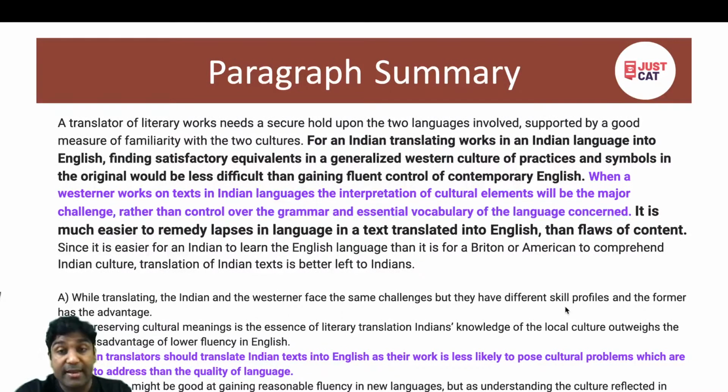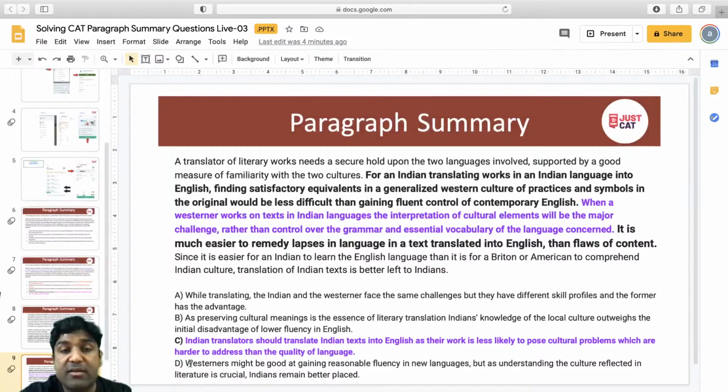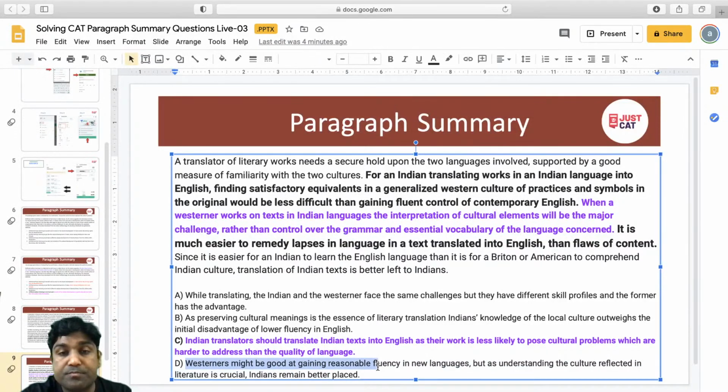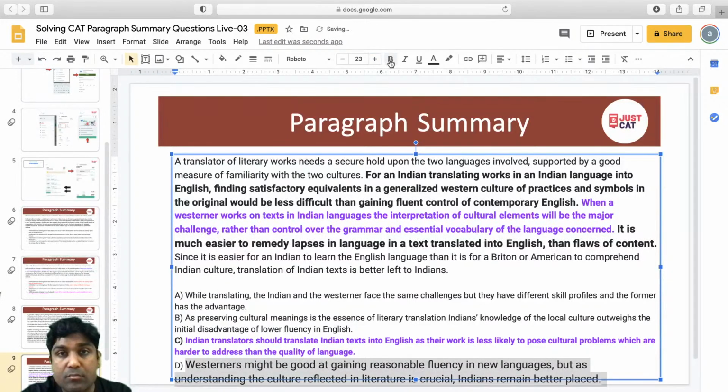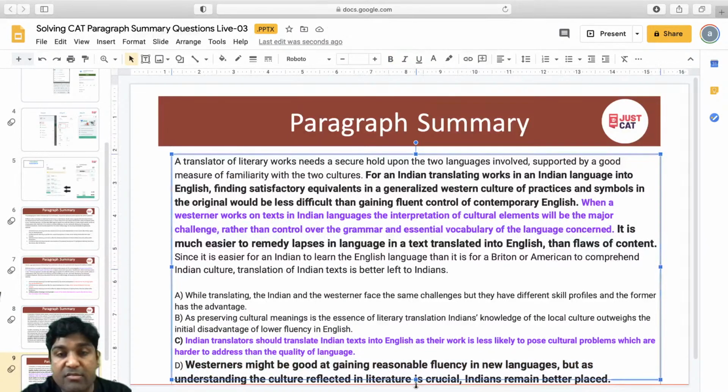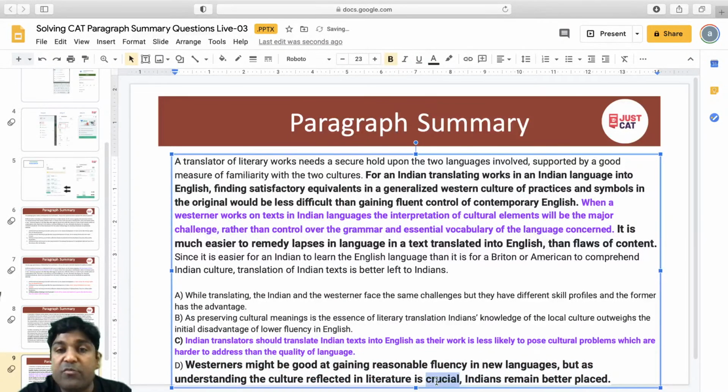So what they're saying here is that understanding of the culture is crucial. Sorry, I don't know why this is coming here. It says that it is crucial. Understanding the culture here is crucial, which was nowhere mentioned.